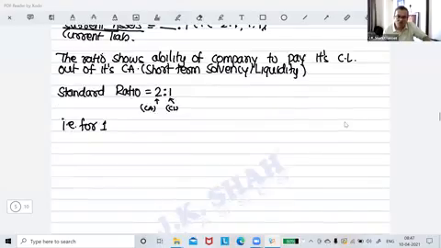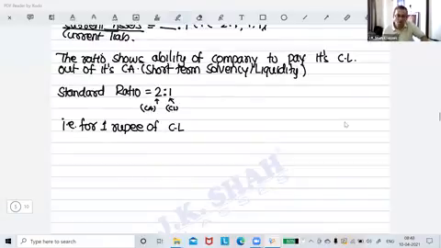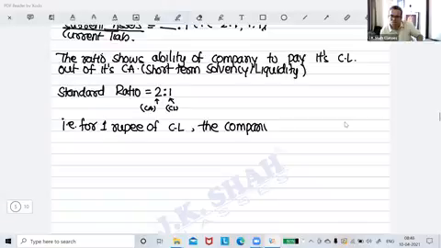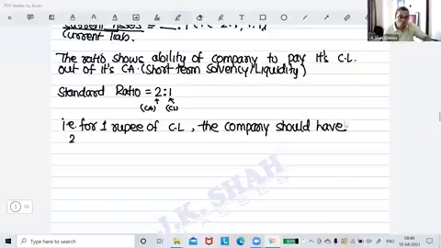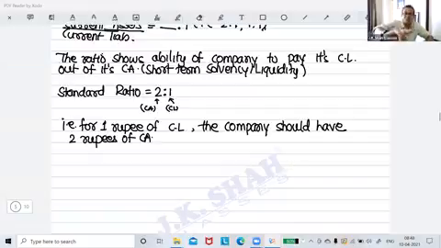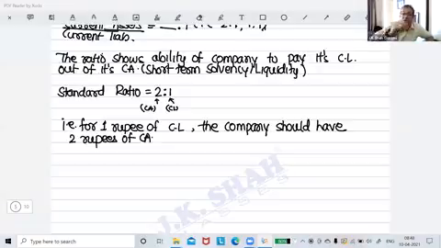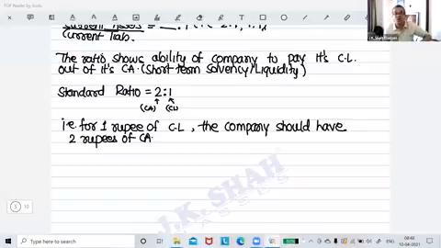For 1 rupee of current liability, the company should have 2 rupees of current assets. Because 2:1 is the standard ratio, if 1 rupee is a current liability, then 2 rupees will be current asset. So it shows your ability to pay current liability out of its current asset.